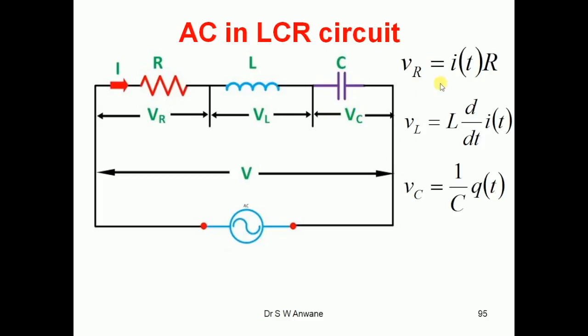Naturally, by Ohm's law, VR is IR, VL is L into di by dt, and Vc is 1 by C times Q of t. Now, Kirchhoff's voltage law will give us straight addition of these three series components, and that is equal to the signal applied.